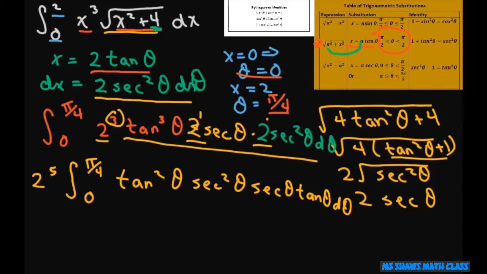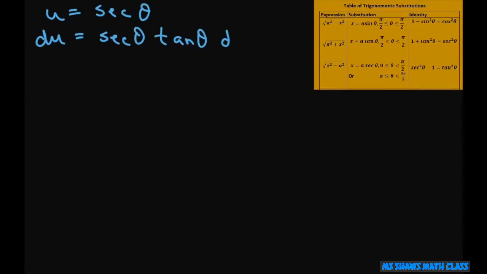So all I did was take this and expand it. Now, before I move on to the next slide, we know that tan squared theta is really secant squared theta minus 1. So what I'm going to do is let u equal secant theta. Therefore du equals secant theta tan theta d theta.